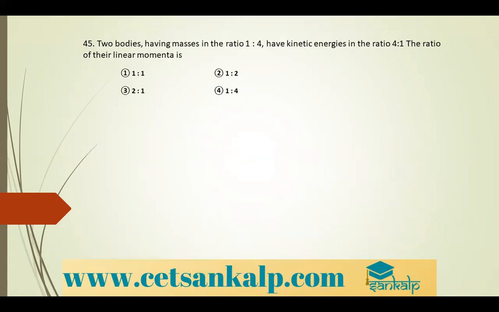Right. So next problem, two bodies having masses in the ratio 1:4. We'll write m1 by m2 is equal to 1/4. Next, kinetic energy k1 by k2 is equal to 4/1.